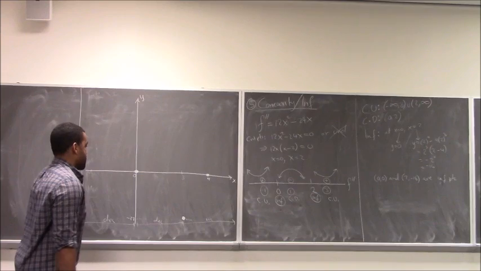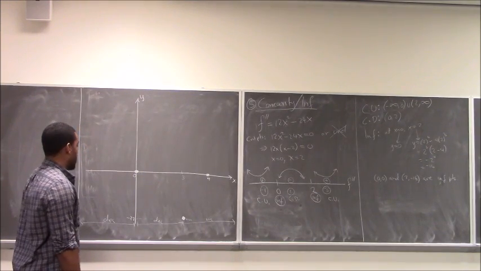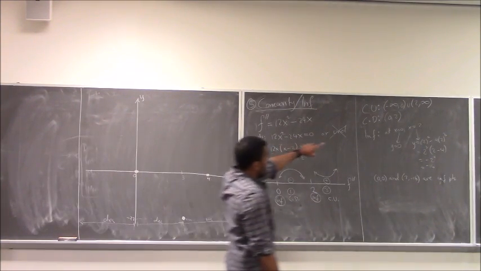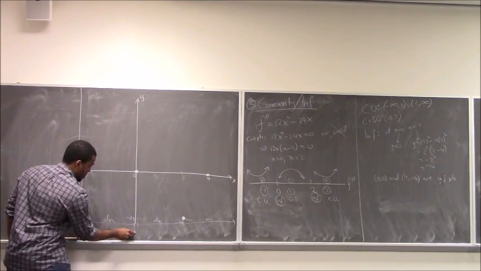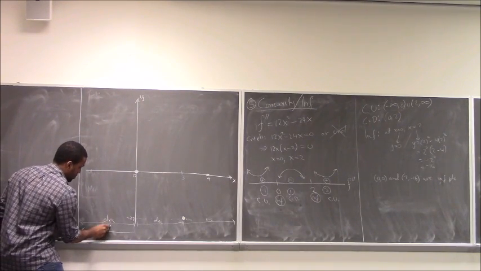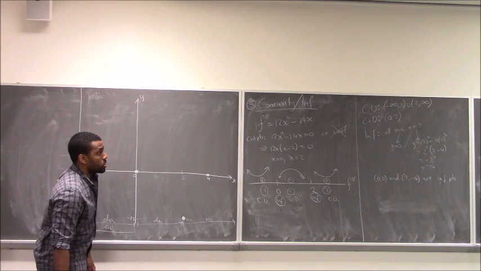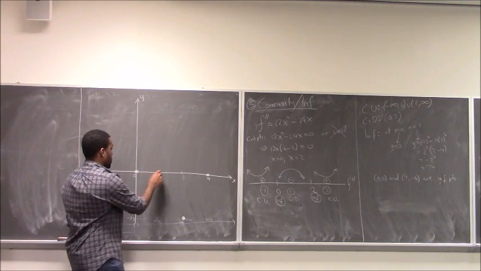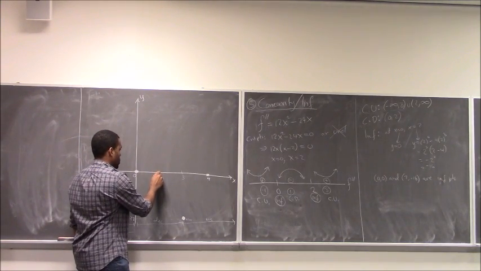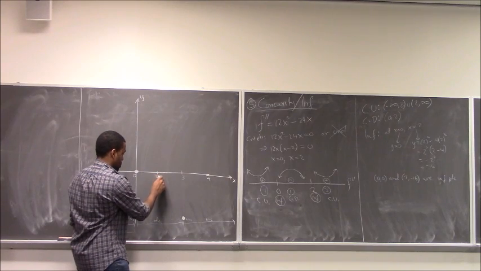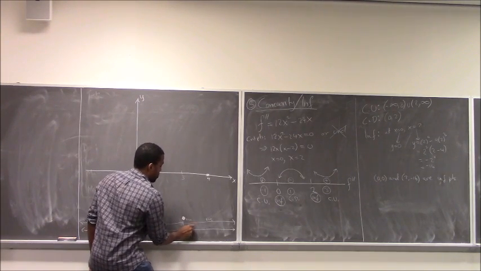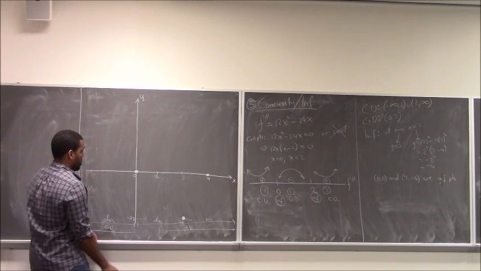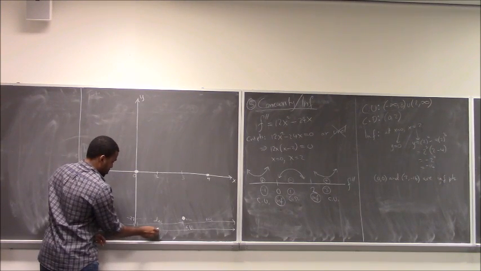And so we move on to the next step, concavity. We're concave up to 0. We're also concave up from 2 onwards, and we're concave down in between 0 and 2.